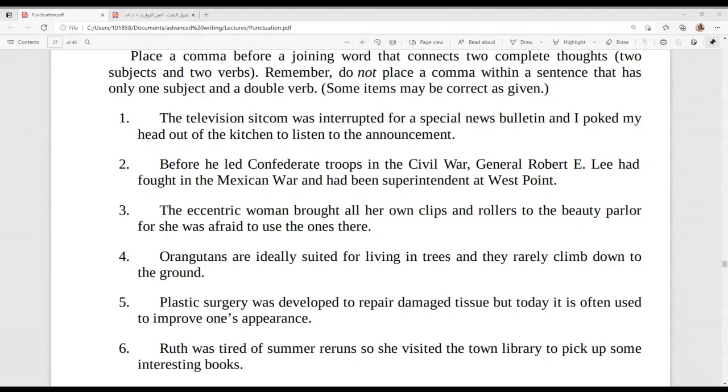The eccentric woman brought all her own clips and rulers to the beauty parlor, for she was afraid to use the ones there.